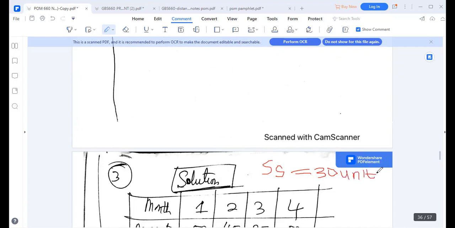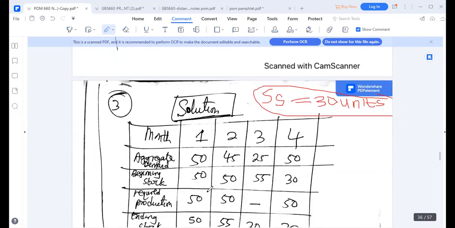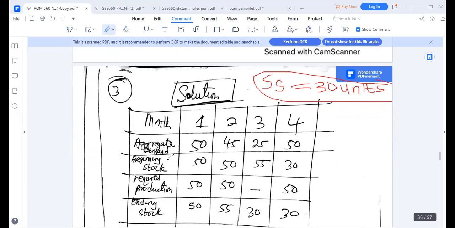So what we are simply saying is we have the aggregate demand of 50, and the beginning stock is 50.